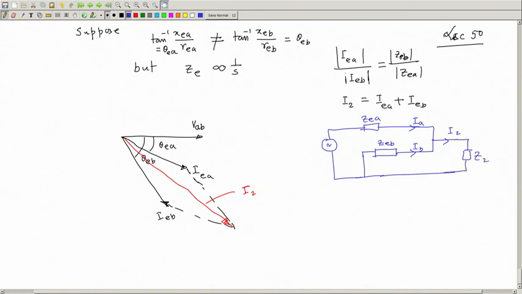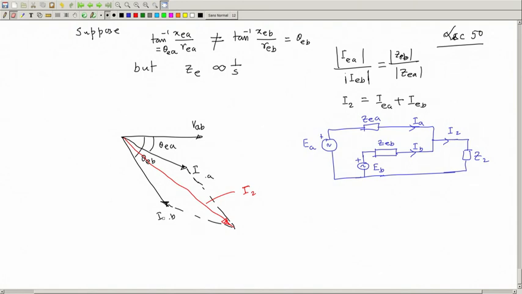This is the same thing. Here only the source will be there, EB. So, this is EB, this is EA, and so on. So, your I2 is equal to IA plus IB. Why did I write IEA? I should write IA for transformer A. So, IA plus IB.